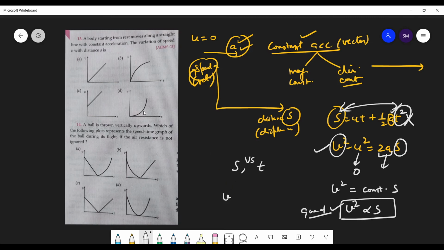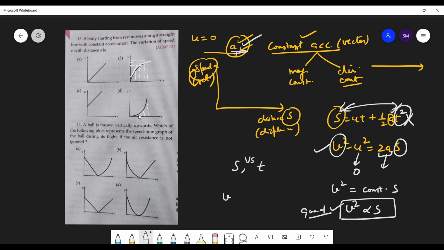So what happens as the distance is increasing? Here, as the distance is increasing, velocity is increasing, but at a lesser rate. Slope is decreasing, right? But in this situation, we have a constant acceleration.